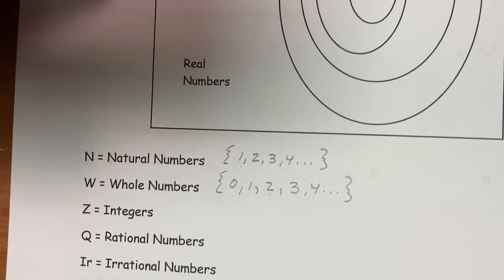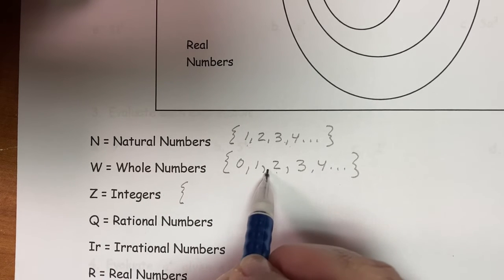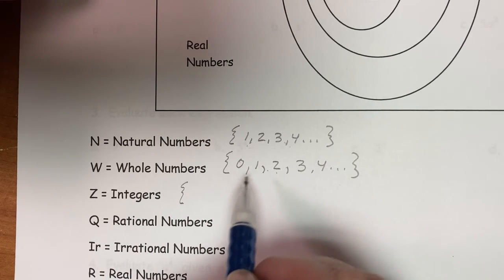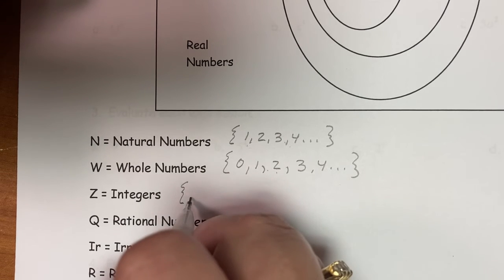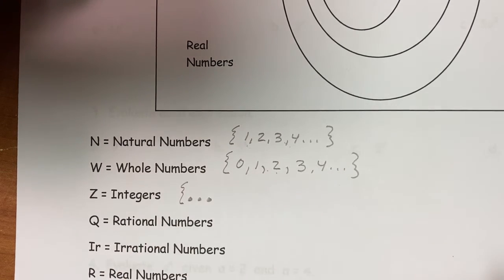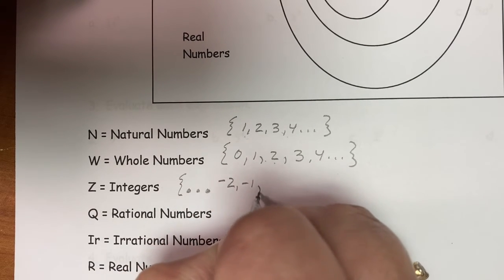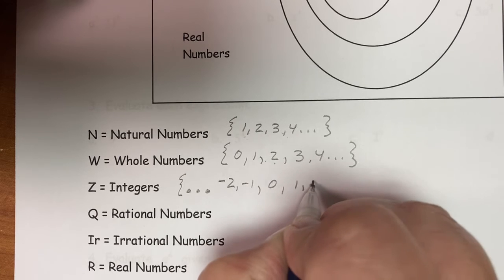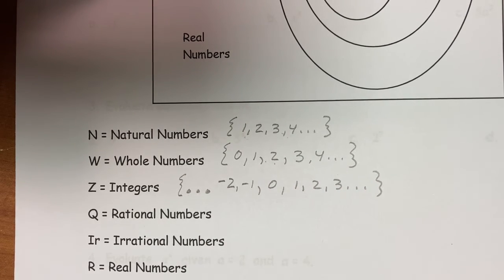Now, how do we get to the integers? Well, the integers are the set of numbers that include all of the whole numbers in addition to their opposites. So when we list the set of numbers, you're going to have 3 dots there because it goes on into negative infinity. And 3 dots at the end because it goes on into positive infinity.